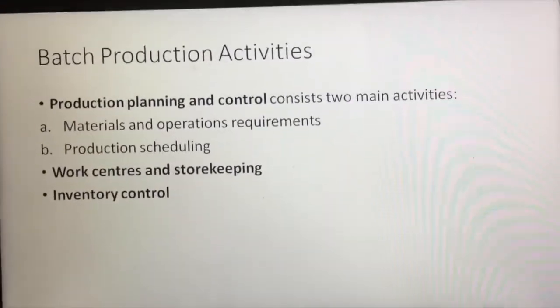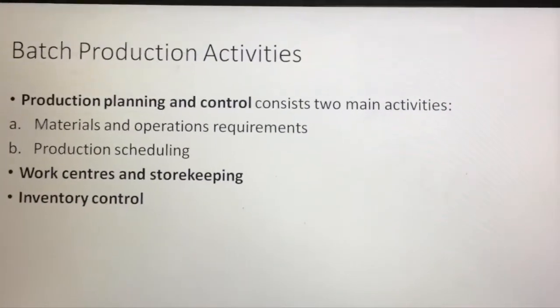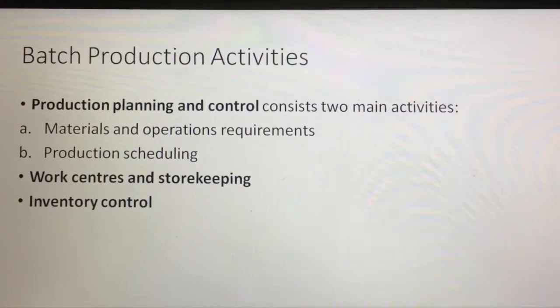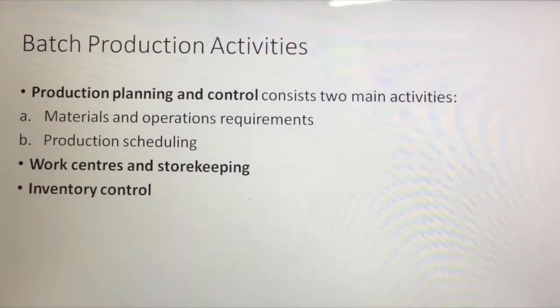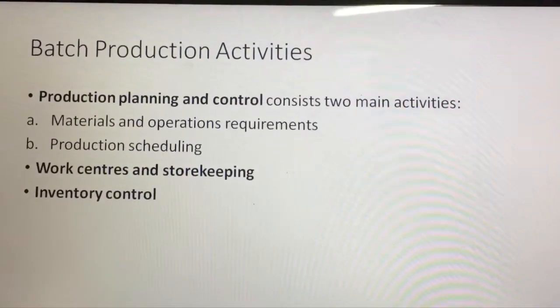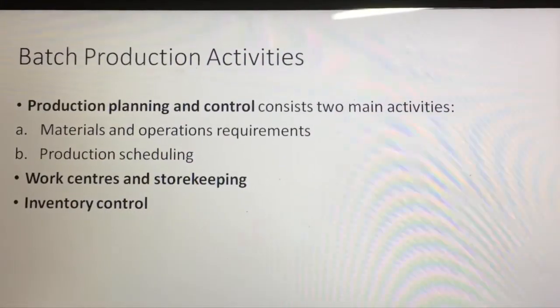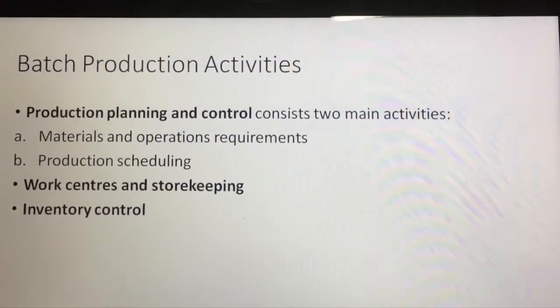There are three types of batch production activities, which are: the first one is production planning and control, the second one is work centers and stockkeeping, and the last one is inventory control. Production planning and control consists two main activities, which are materials and operations requirements and production scheduling.